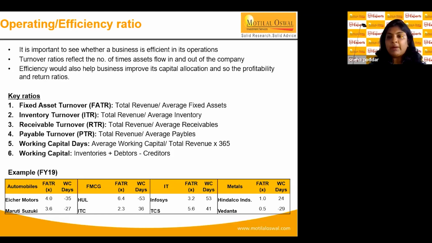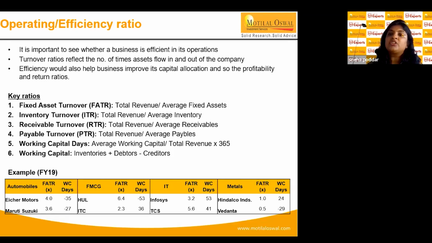A little money is blocked in inventories, which gets taken care of from the advance cash they receive. That's why no debt is required by them, and thus they are very cash-rich companies with a net cash balance sheet.